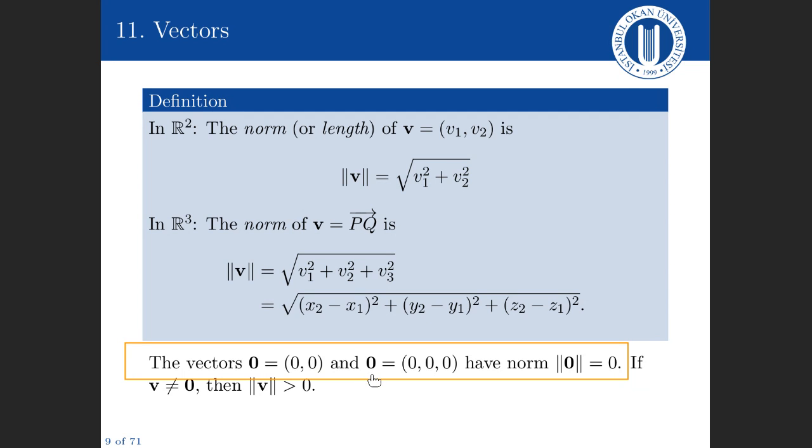Note that when I write 0 in bold, I mean a vector, the zero vector. If I don't use bold or underlined, then these zeros are just the number 0. The norm of this zero vector is the number 0. Bold 0 is a vector, normal 0 is a number.